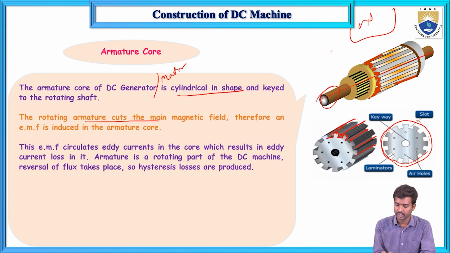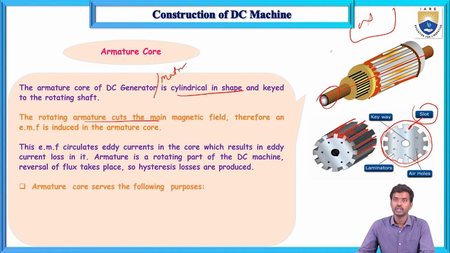The real picture looks like this. These are the individual parts. This is the laminated part, paper by paper, meaning circular plates. If you put paper by paper, that is the cylindrical shape. Now this is the keyway, and these are the slots and laminations, and these are the air holes.